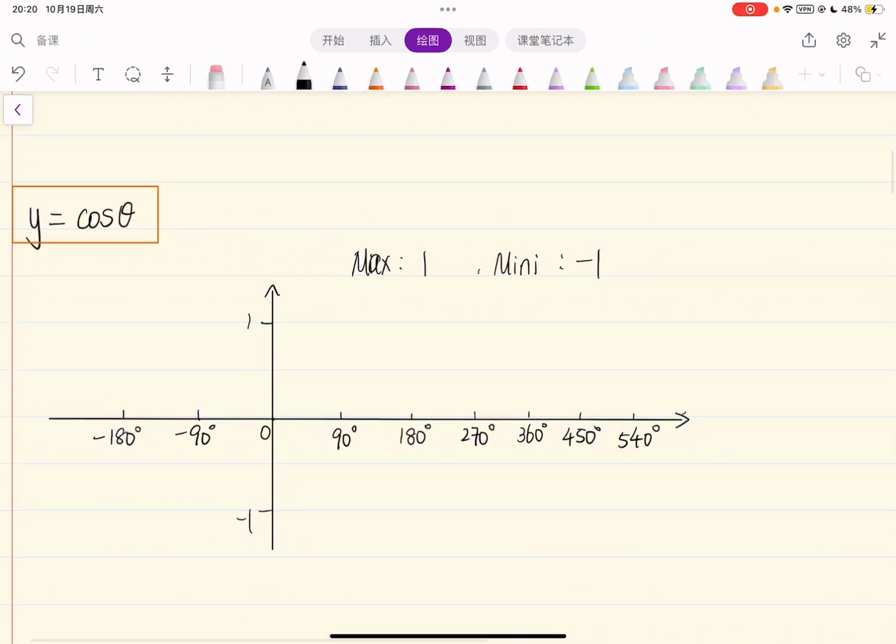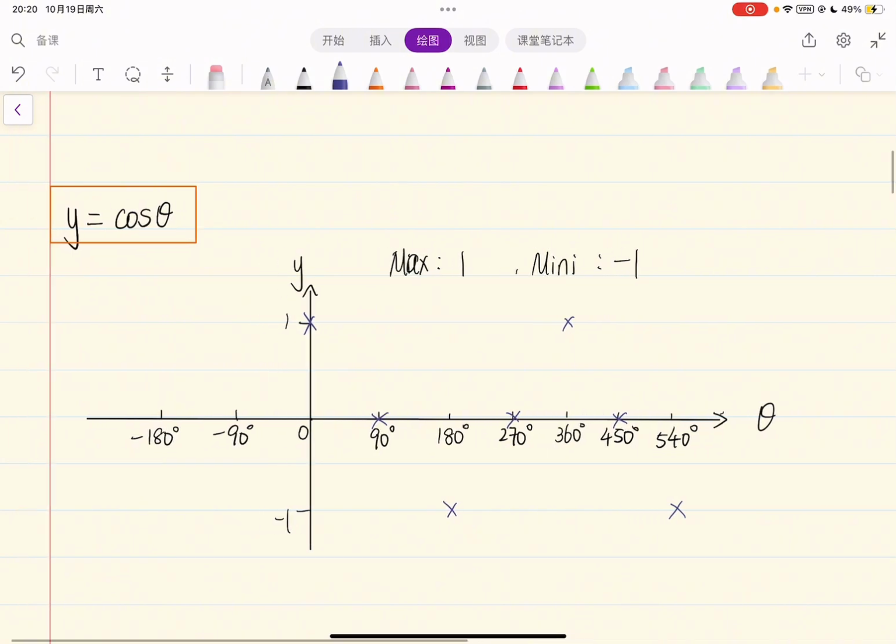Then you type the degrees into your calculator, and you will get that cosine 0 equals 1, cosine 90 equals 0, cosine 180 equals minus 1, cosine 270 equals 0, 360 equals 1, 450 equals 0, 540 equals minus 1.